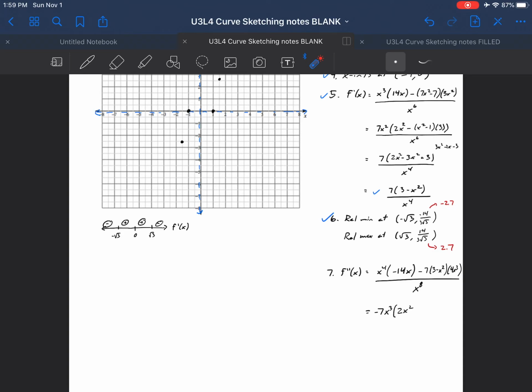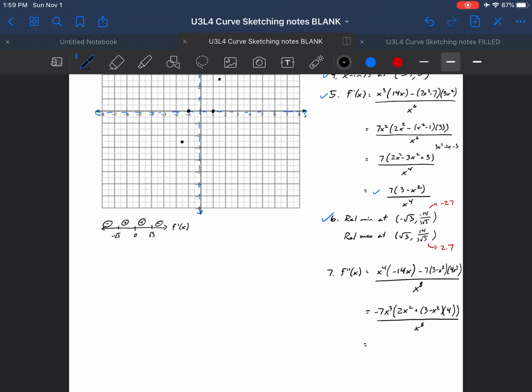So I have plus 3 minus x squared times 4. That looks good. All over x to the 8th.